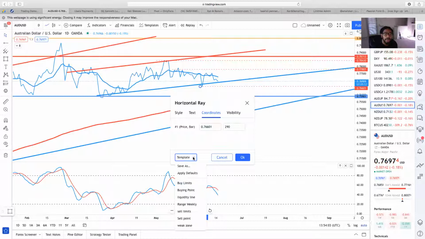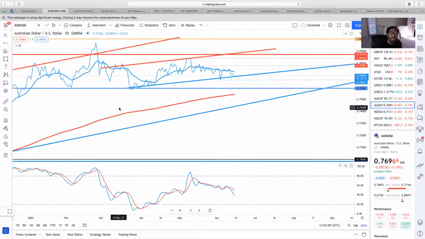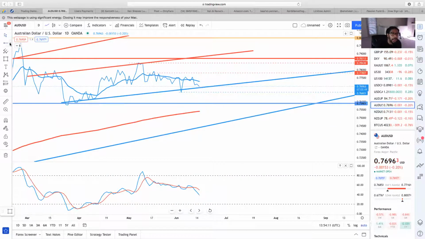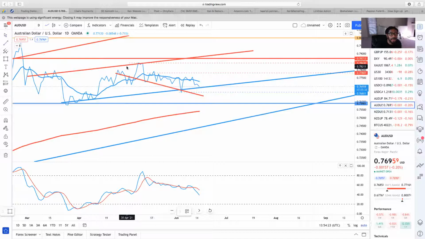So I'll go to settings, and I'll go to buy limits. Right. So therefore now I have a buy limit, right? So now I'm gonna try to trend myself so I can know, okay, what kind of trend I'm in as far as the daily going, right? So I want all my touches. I want all my touches in a row, bro.